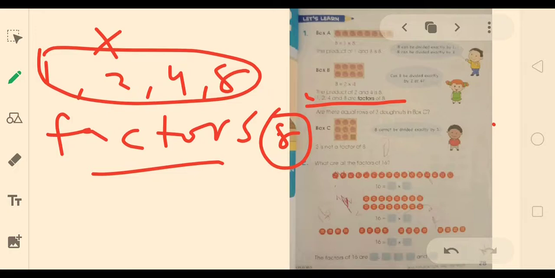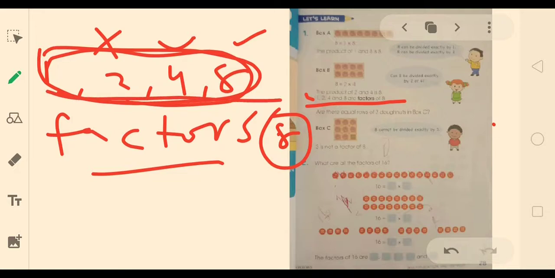How? 1 multiplied by 8 is equal to 8. 2 multiplied by 4 is equal to 8. 4 multiplied by 2 is equal to 8, and 8 multiplied by 1 is equal to 8. It starts from the table of 1. Is it clear? In all these numbers, 8 comes in their table. So these numbers are the factors of 8.